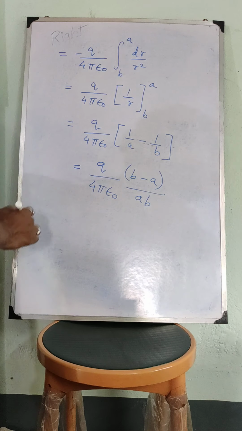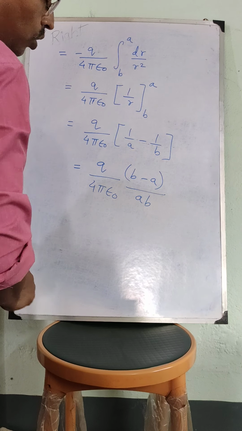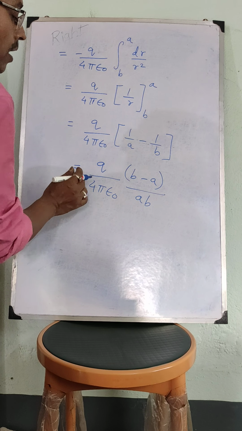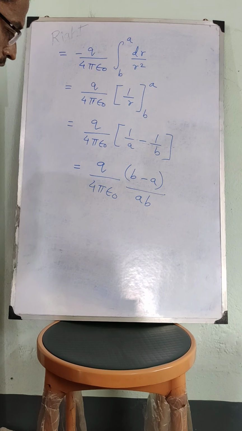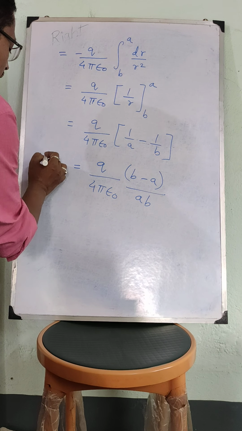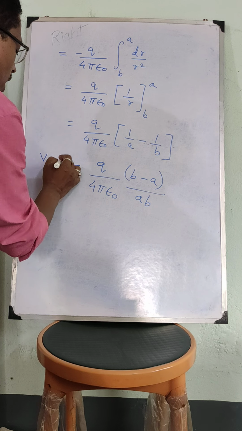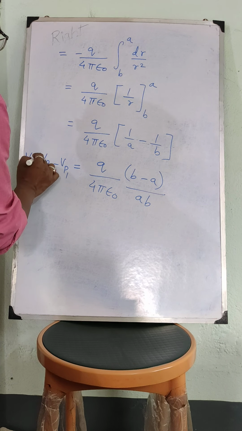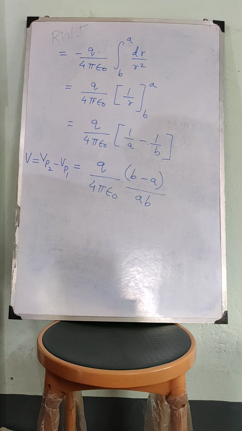So this is the potential difference between the two spherical conductors. I called this Vp2 minus Vp1; now suppose I am saying this is V, the potential difference.